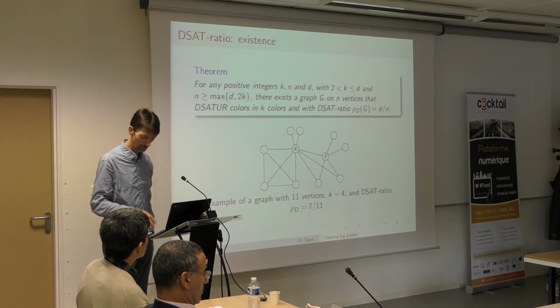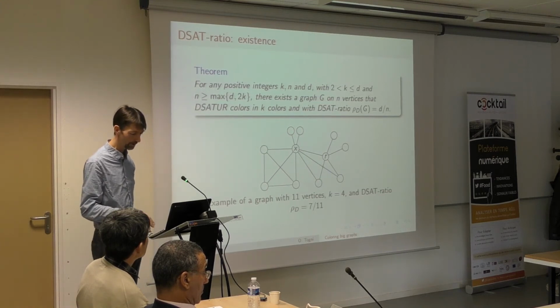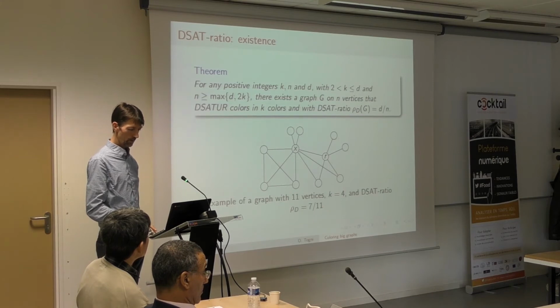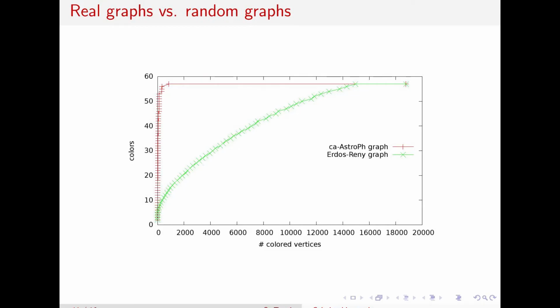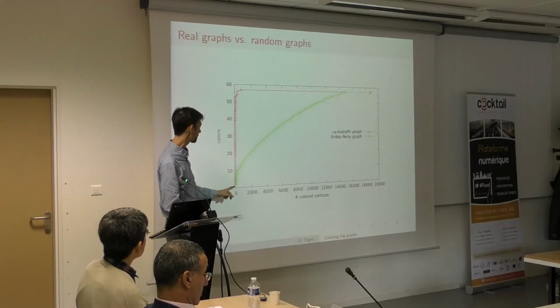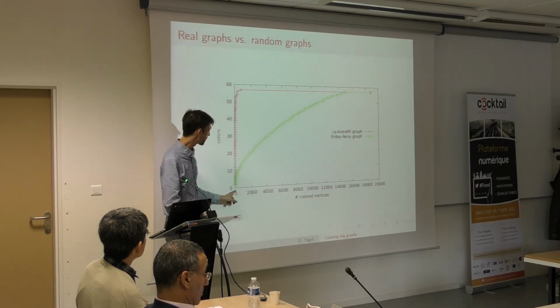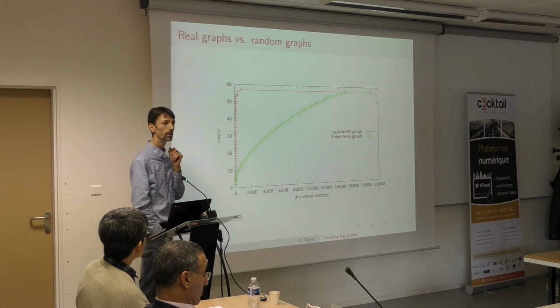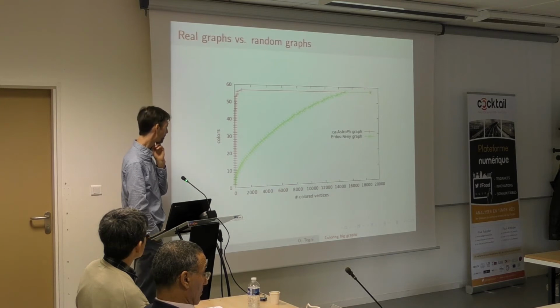So this is a small theoretical part. And now for the experimental part. First, I compare, yes, here on the graph, how many colors the DSAT-ratio algorithm uses as a function of the number of vertices that have been colored.